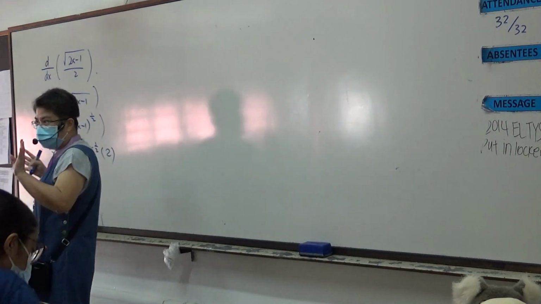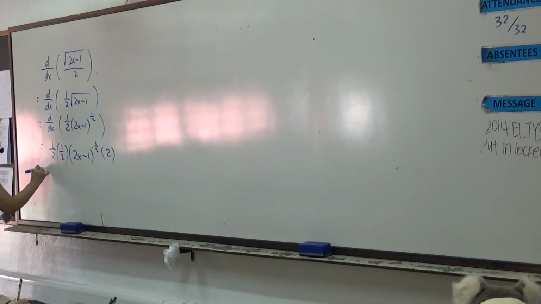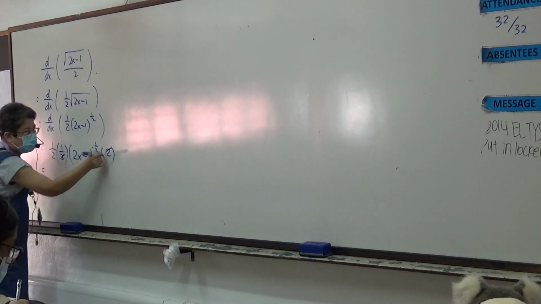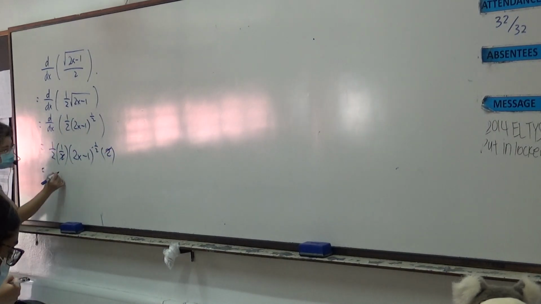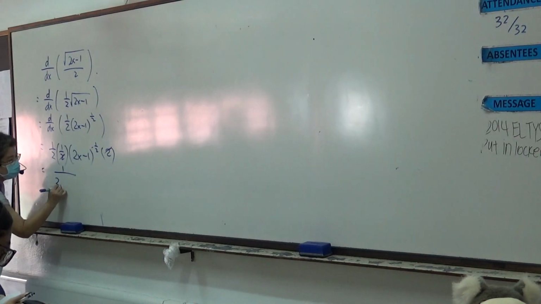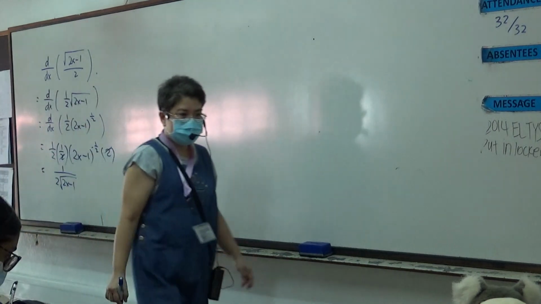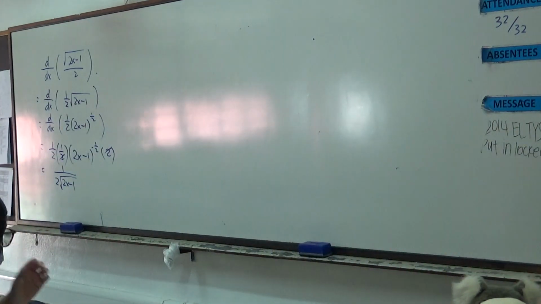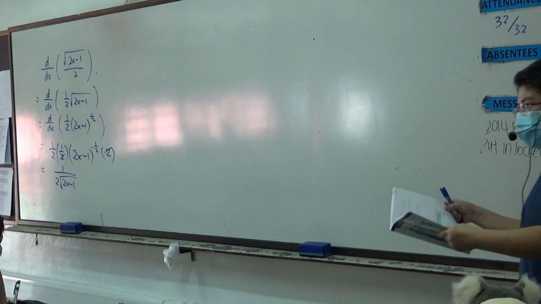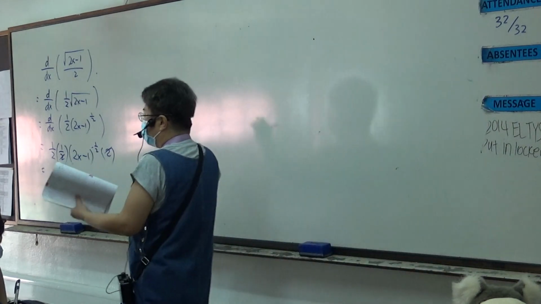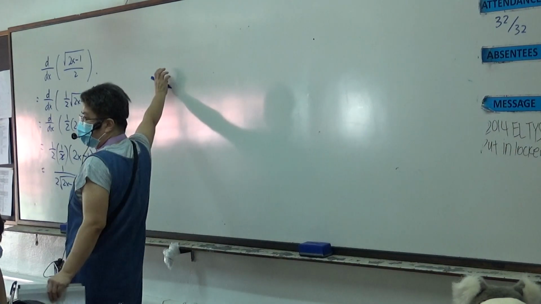Okay, all of you look up, this is the important part. Can you see this one and this one cross off? It will give me 1 over 2 square root of 2x minus 1. Everybody okay? Now, I'm going to write this final result over here.